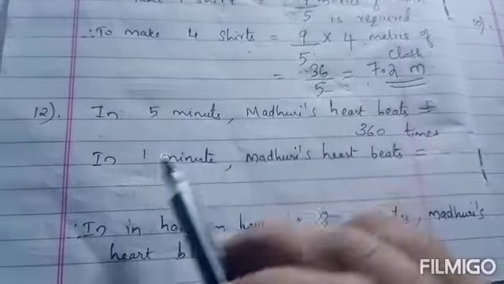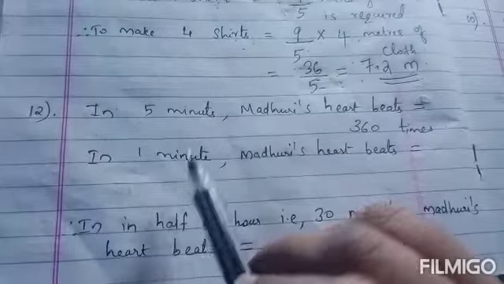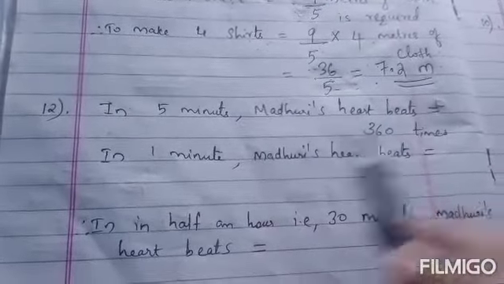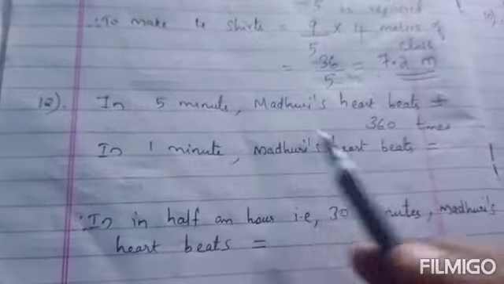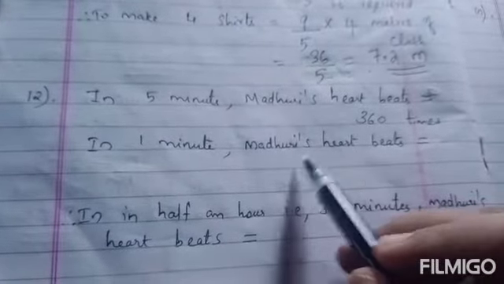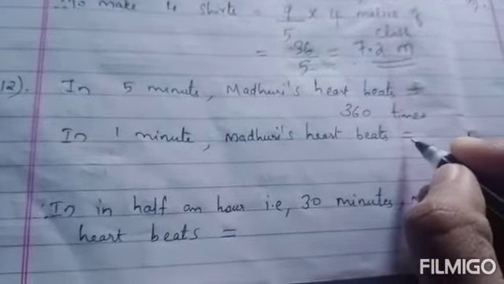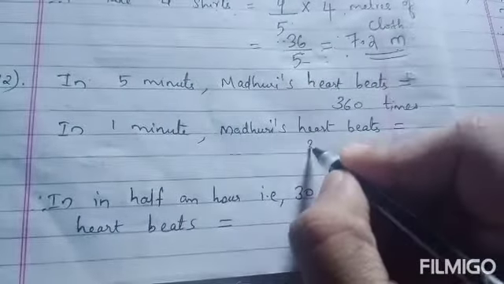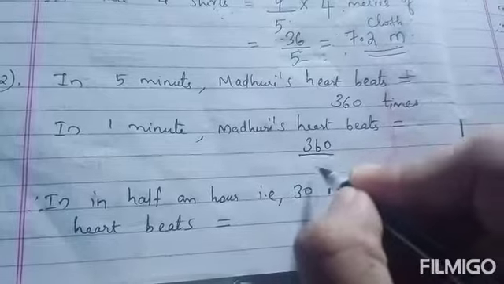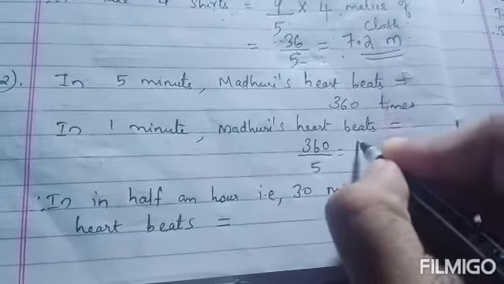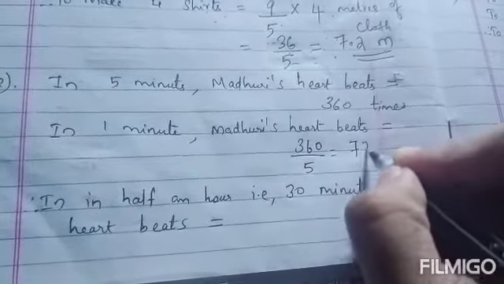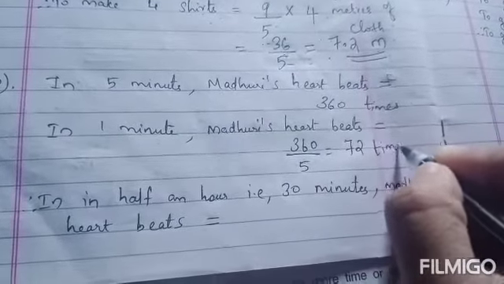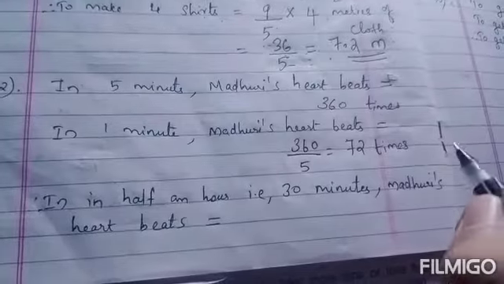Okay, so if in 5 minutes the heart is beating 360 times, in 1 minute how many times will it beat? That you can find by dividing 360 by 5. So 360 divided by 5, you will get 72 times.